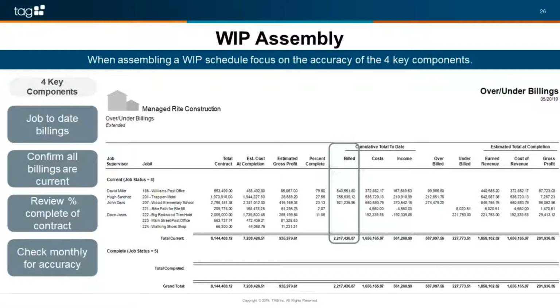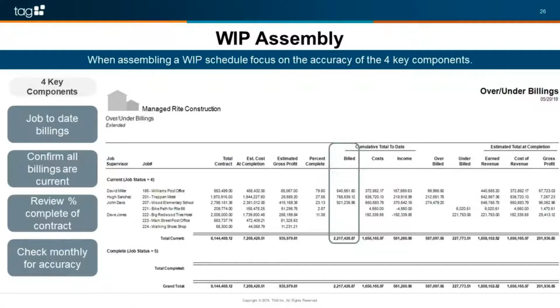Okay, the next component is our job-to-date billings. So we want to make sure that all billings have been entered and they are current. We should review our percentage of completion on a contract, okay? Does that sound in line, right? Am I billed 50% of the contract, but I'm 85% complete with the job?